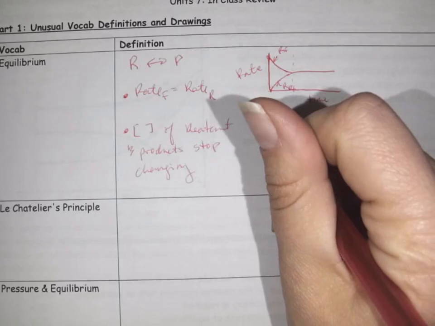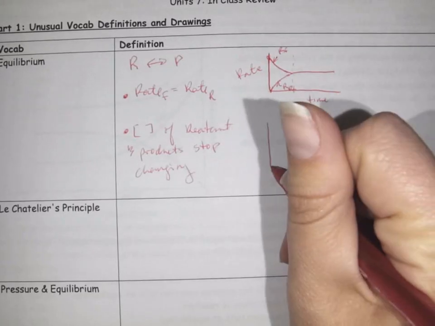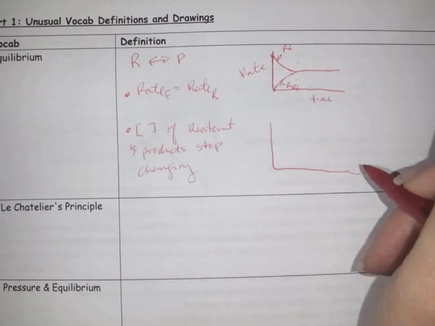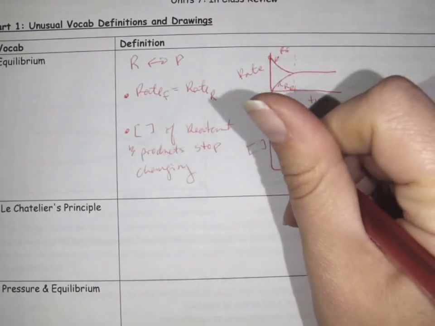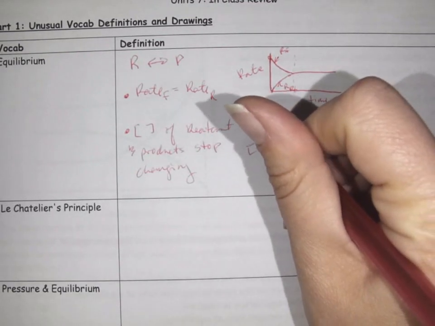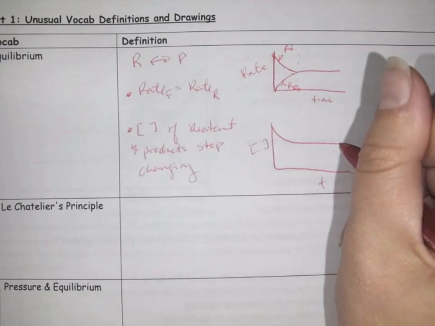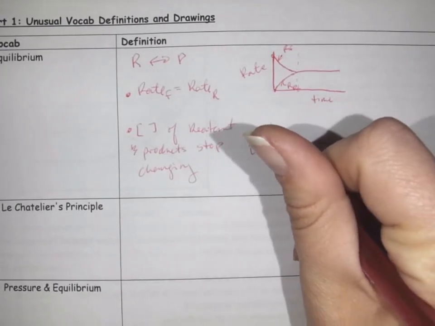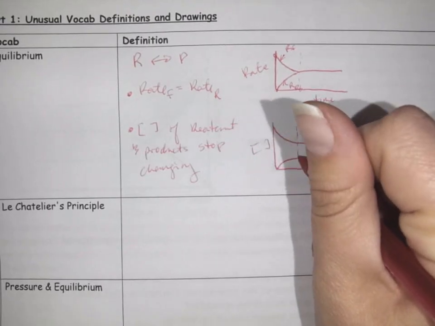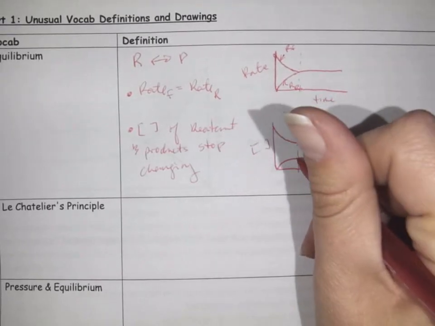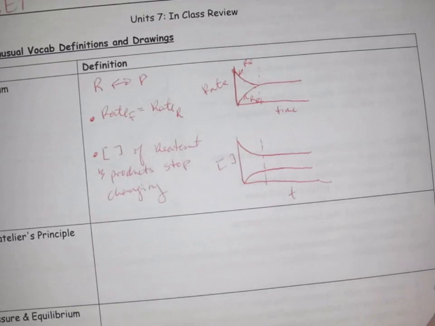There's a couple different ways that those graphs can look, but usually we see something like this, where here's concentration versus time. Reactants usually start off high and then decrease. Products usually start off low and increase. They can be equal, but it's not common that they are. It's when they level off here that we get to equilibrium.